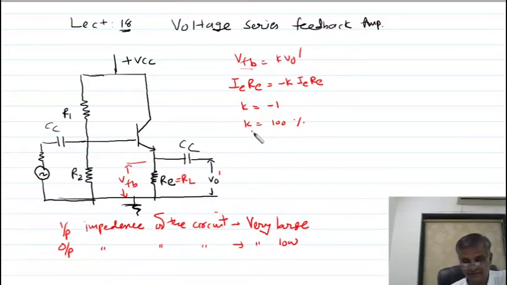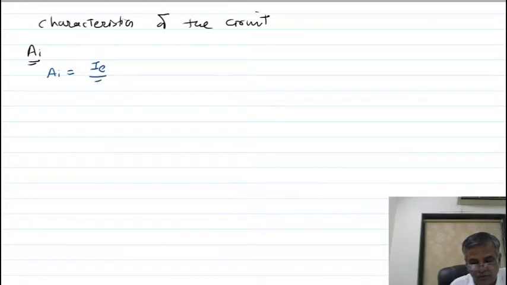Let us see the characteristics of this circuit. I will discuss the characteristics of the circuit. First we will find the current gain. You know, current gain AI is nothing but the output current upon input current.